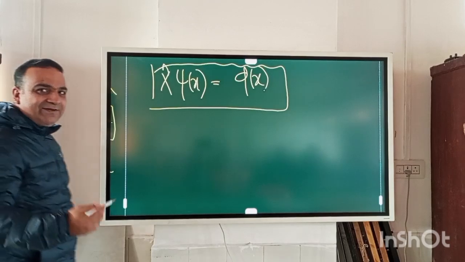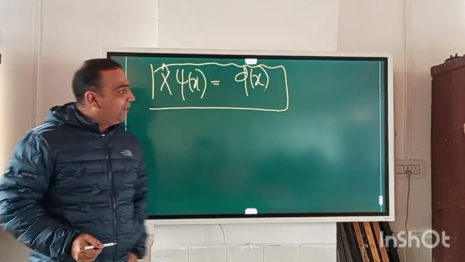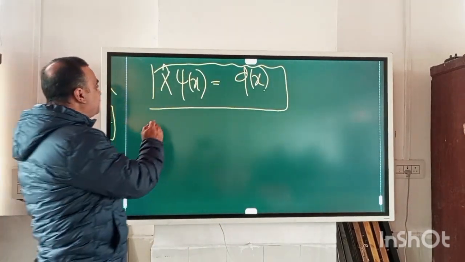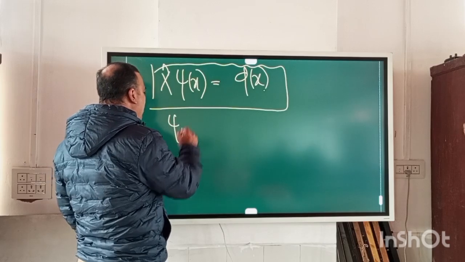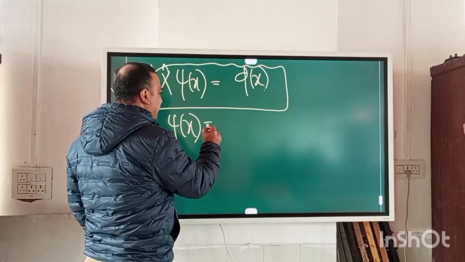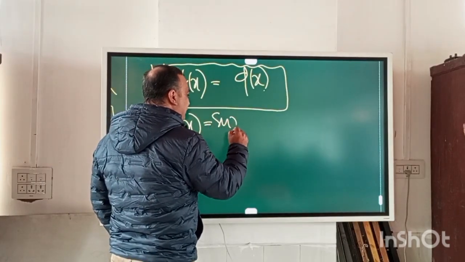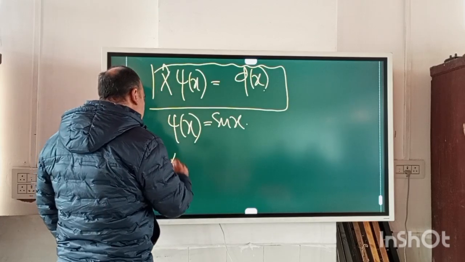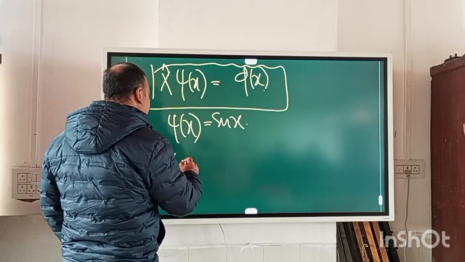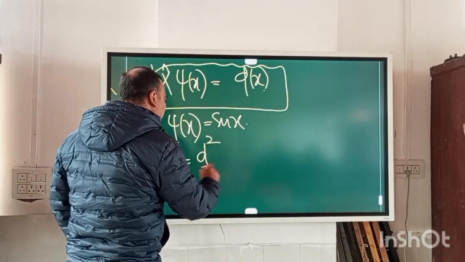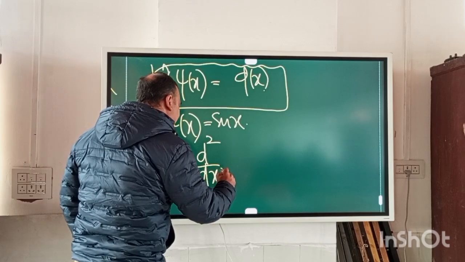Now let me choose another example. Now I use my psi of x equal to sine of x, and I choose my operator as the double derivative with respect to x.